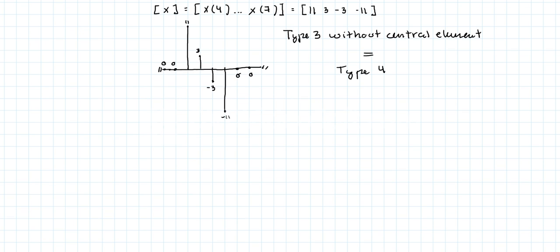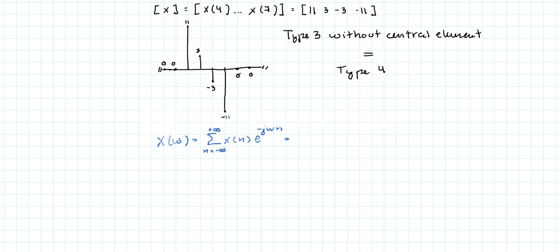As usual, I'm going to start by writing the equation for the discrete-time Fourier transform: the summation of n from minus infinity to positive infinity of x of n multiplied by e to the minus jωn.